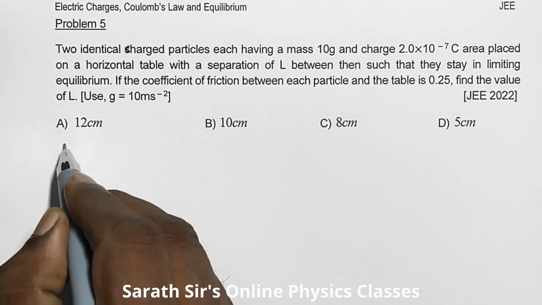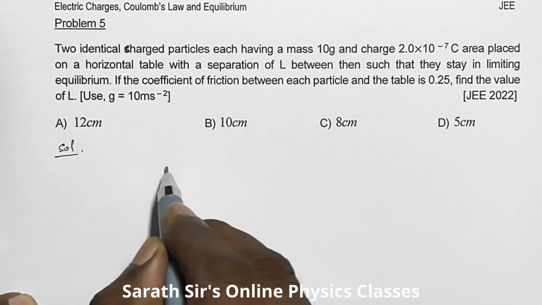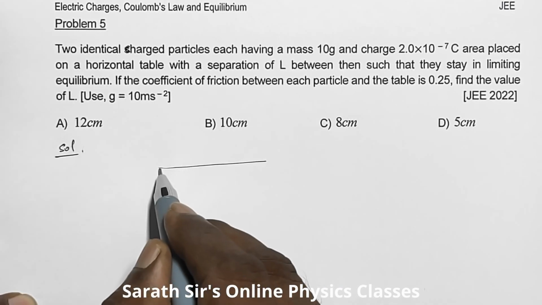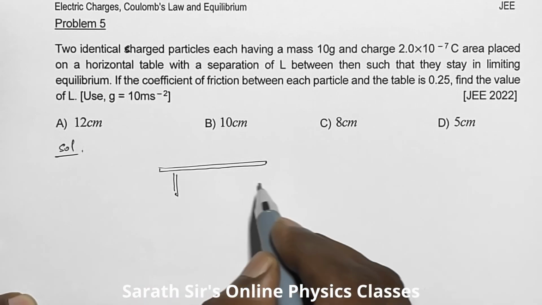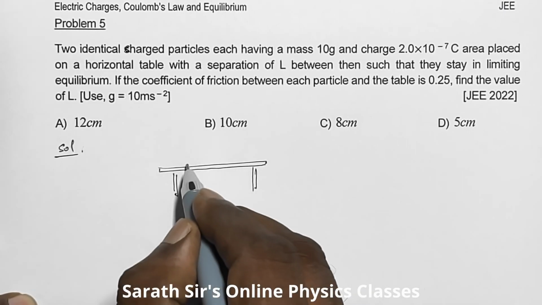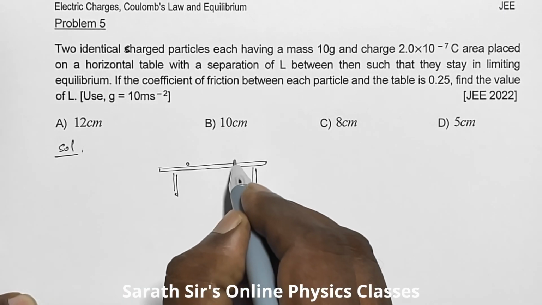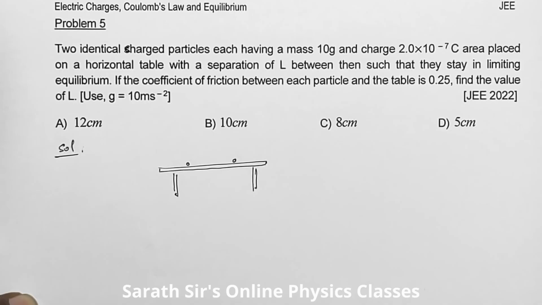See, let us imagine a table here. This is the tabletop. Two particles are there. This is one particle, this is another particle.